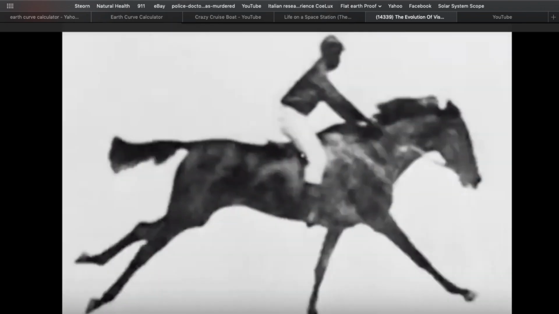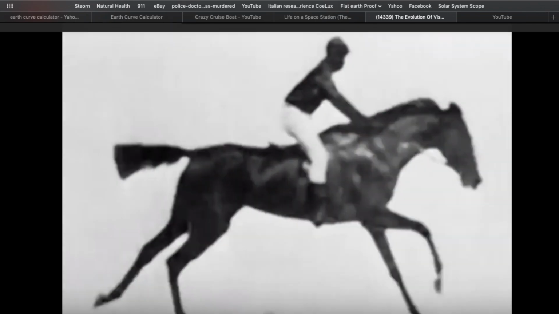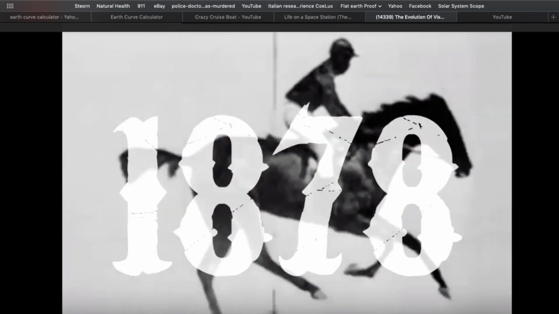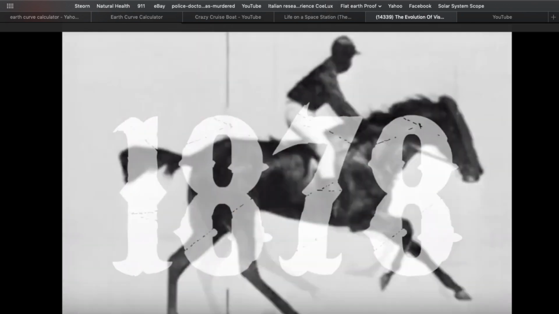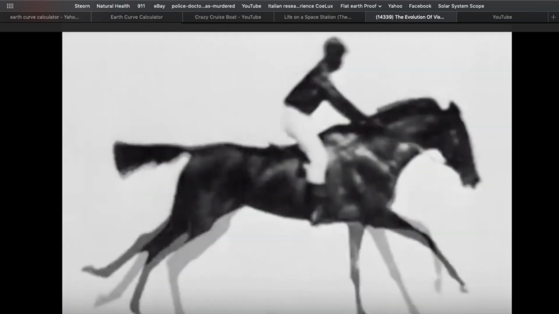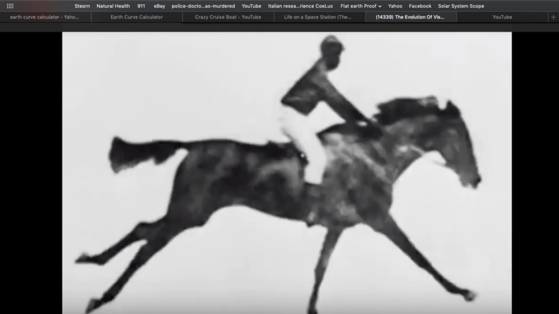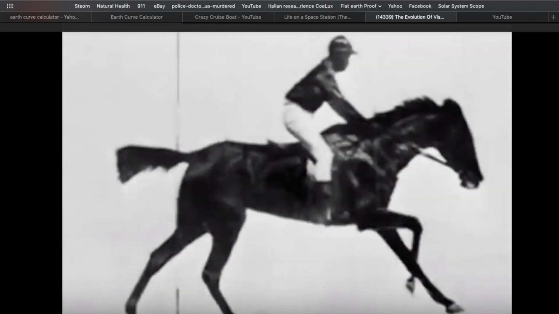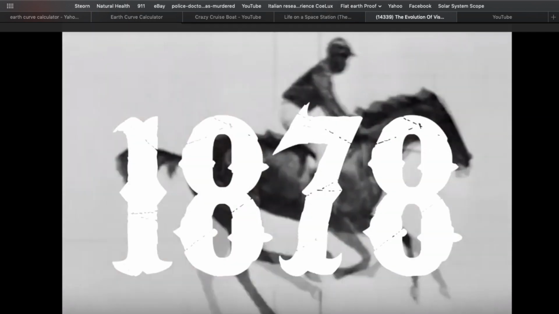It's the famous galloping horse. These were the first successful attempt of depicting motion. The way that it's being shown is to show that it was quite rough.